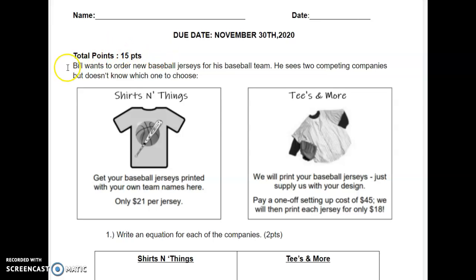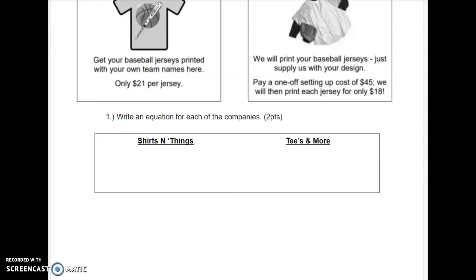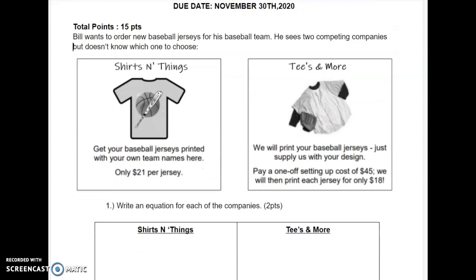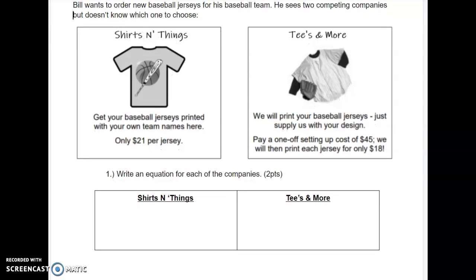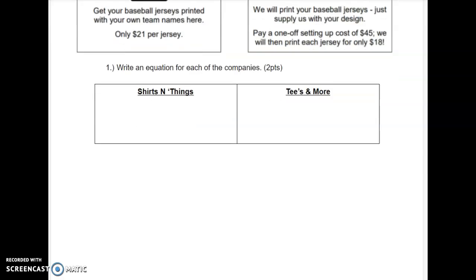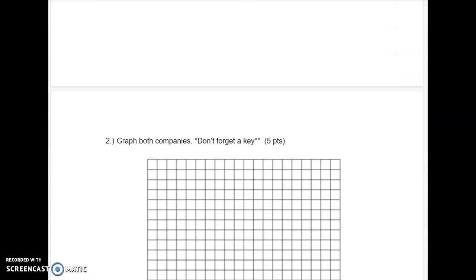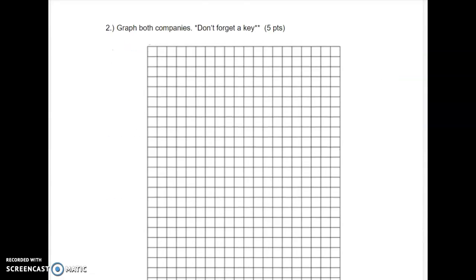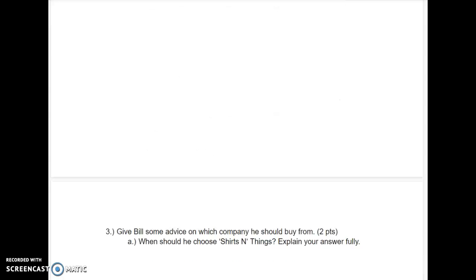What you're going to do is read through what is happening with this guy named Bill. He needs to order baseball jerseys for his new baseball team, and he's comparing t-shirt companies. So you need to create an equation. You'll need to graph it. Don't forget to make a key.